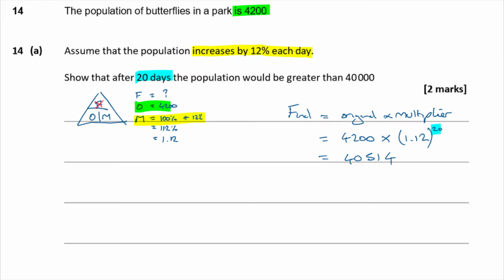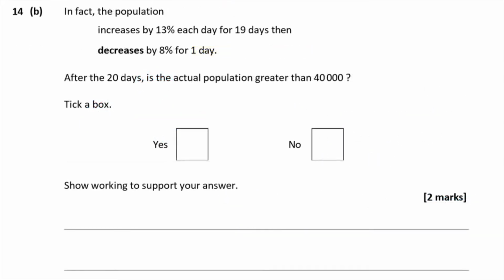Okay, so show that after 20 days the population would be greater than 40,000. Population is 40,514, which is greater than 40,000. Job done.